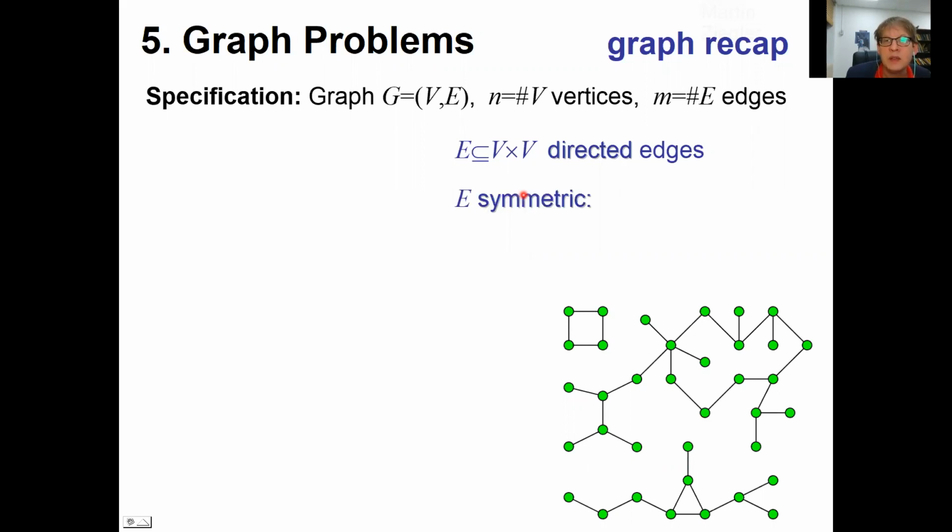And if to every edge in one direction there's also an edge in the opposite direction, then we speak of undirected edges. But as I said, this is basically misuse of notation, undirected edge meaning here that there are two directed edges in opposite directions.